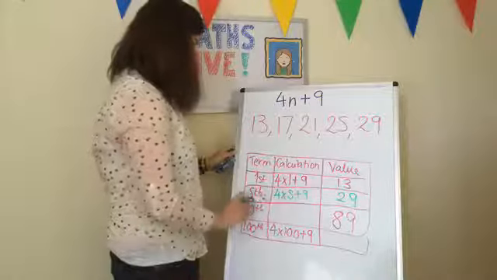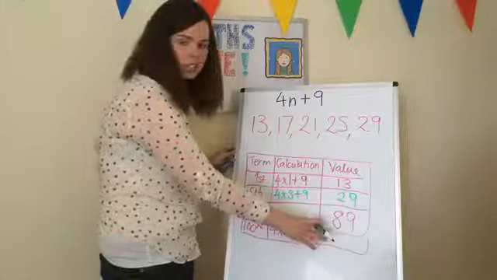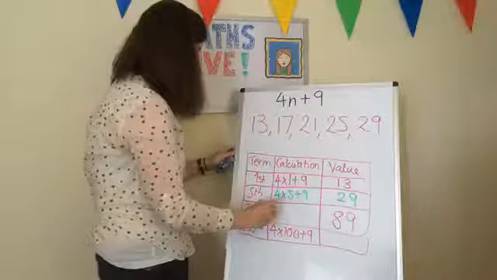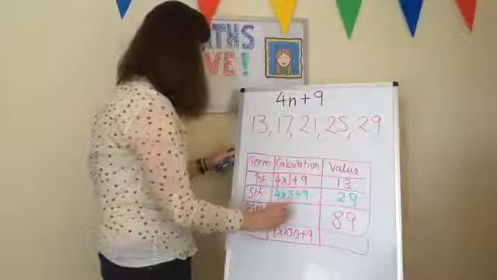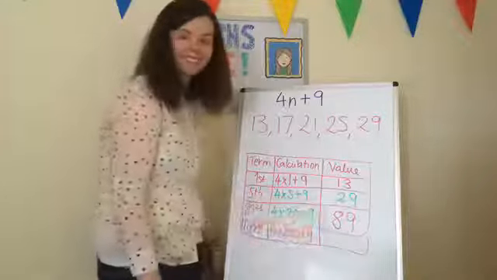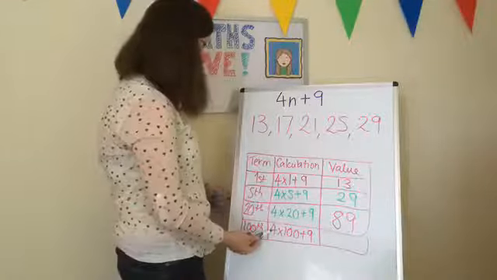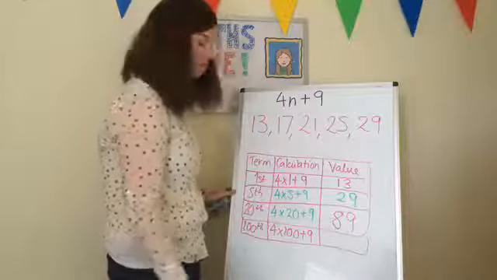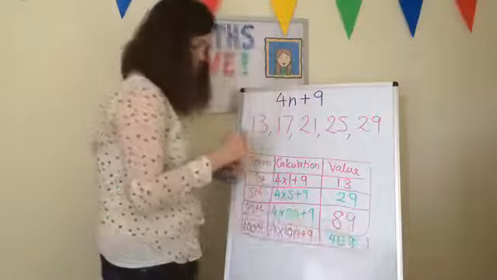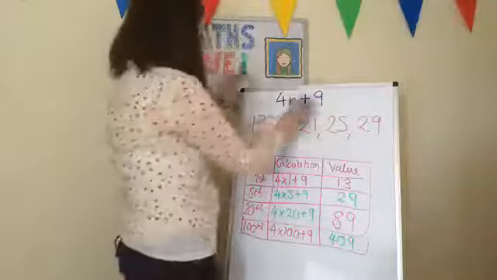Okay? The 20th term, we've been given the answer, we don't need to do the calculating. All we need to do is replace n with 20. So 4 times 20 plus 9. Okay? And then the last one, 4 times 100, we know is 400 plus 9 is 409. Good. Well done.